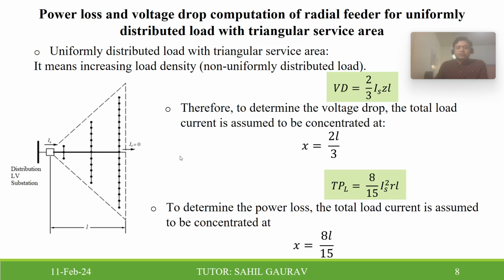In this case, if you compute the voltage drop, it will come as 2/3 I_S Z L. Therefore, to determine the voltage drop, the total load current is assumed to be concentrated at 2/3 of L. And if you are computing the power loss, it comes as 8/15 I_S squared R L. So in this case, you can assume that the total load current is concentrated at X equal to 8L divided by 15.